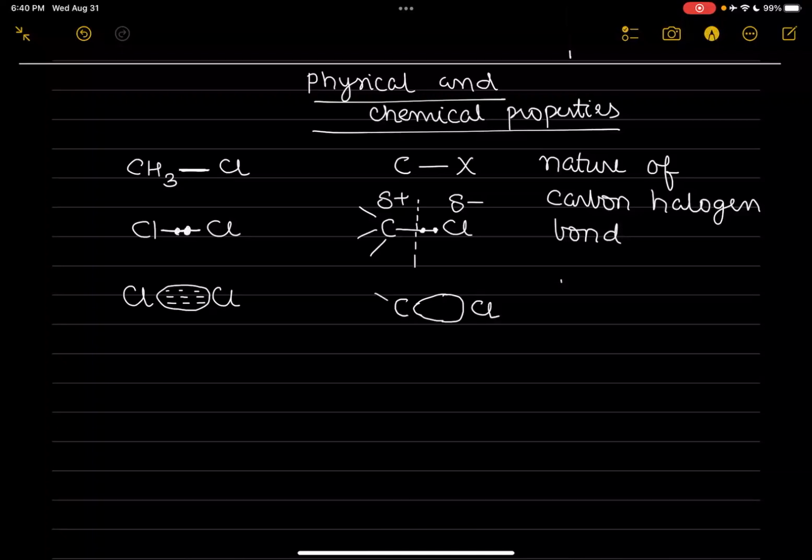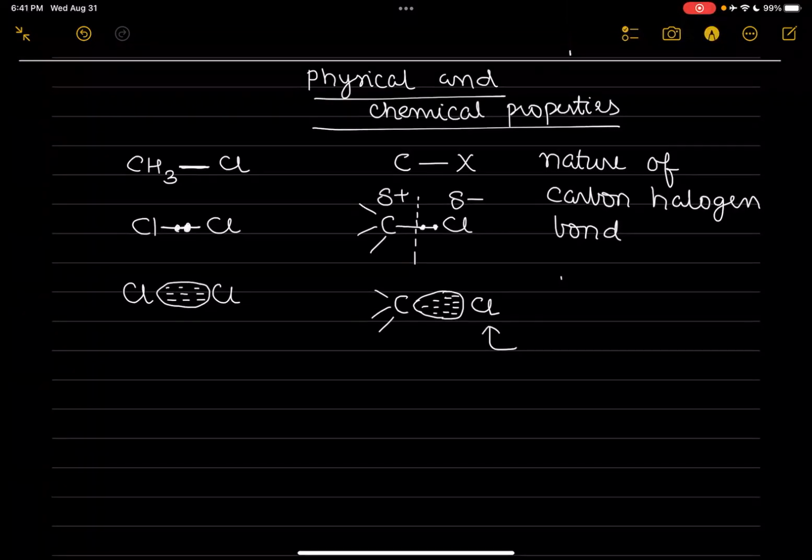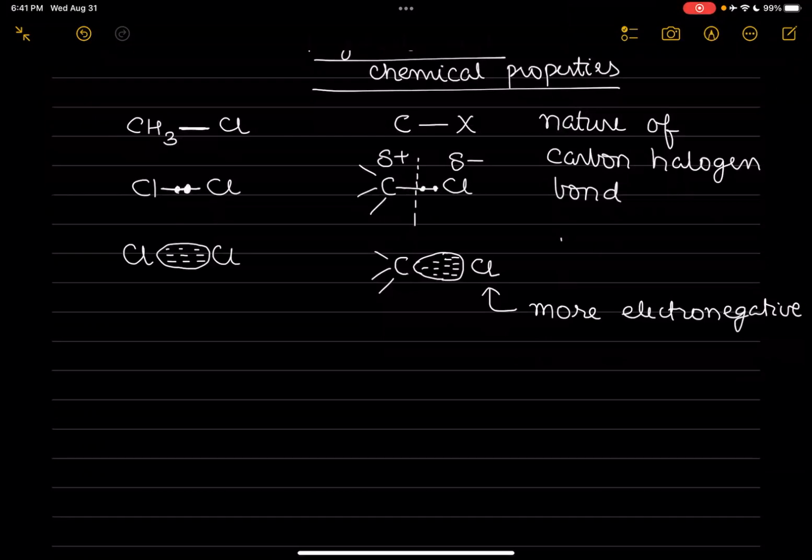So chlorine is more electronegative, so this electron cloud I have made not symmetrically oval, I have shifted it towards the chlorine. As a result, the chlorine will acquire a partial negative charge and the carbon will acquire a partial positive charge. Okay, so this type of bond, Arpit, is known as a polar bond.